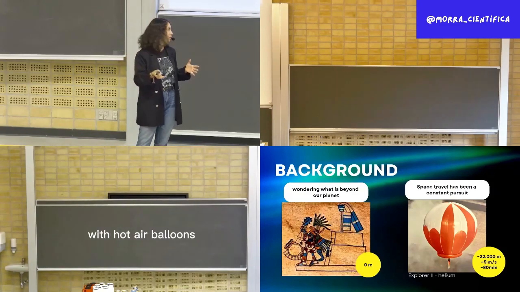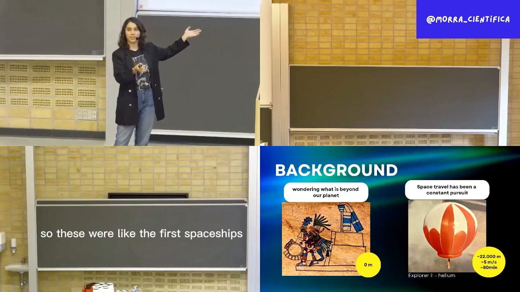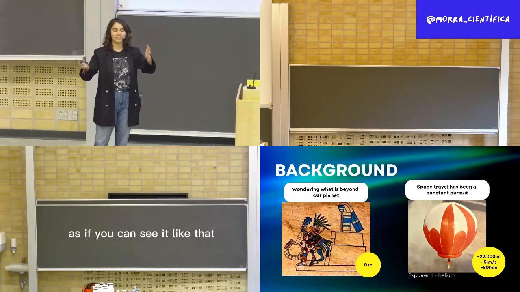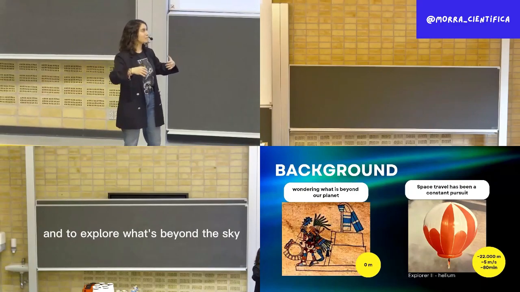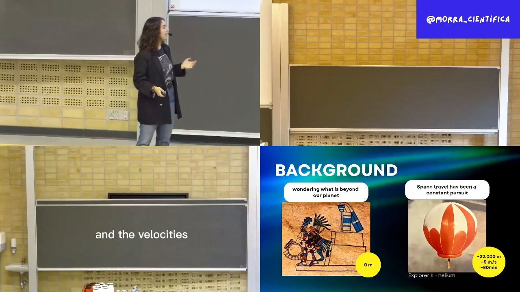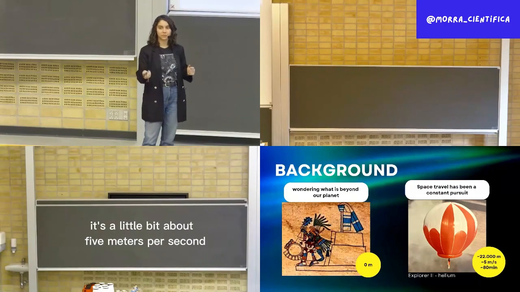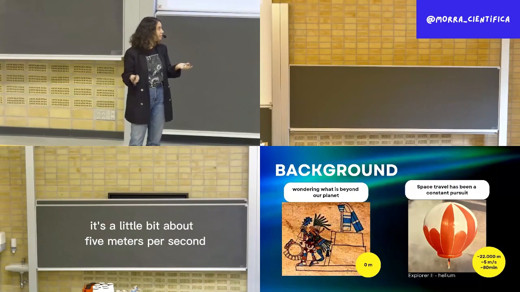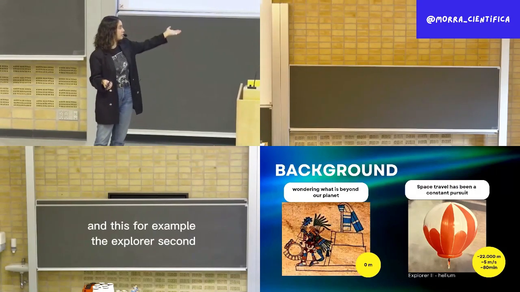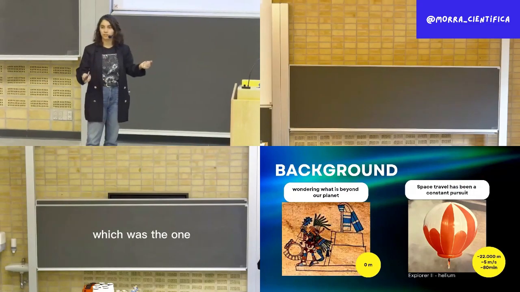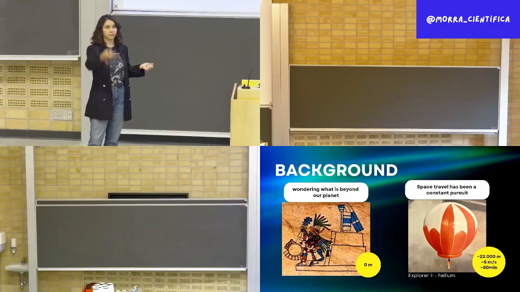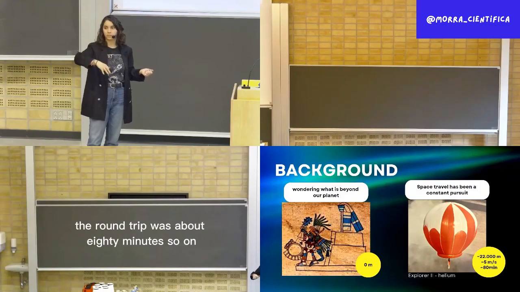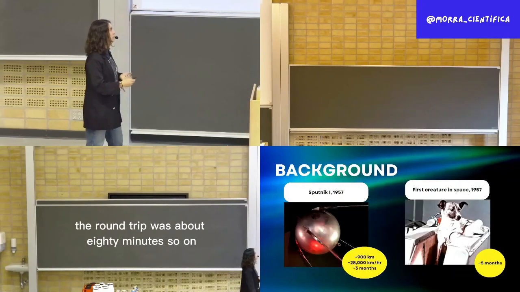So these were like the first spaceships, if you can see it like that, to explore the universe and to explore what's beyond the sky. And the velocity was about 5 meters per second. For example, the Explorer 2nd, which was the first to reach the stratosphere, had a round trip of about 80 minutes.